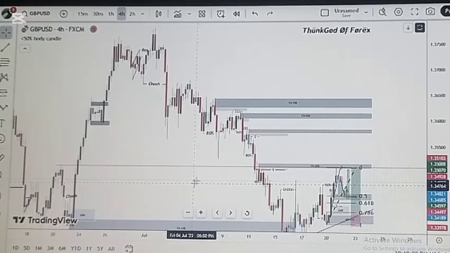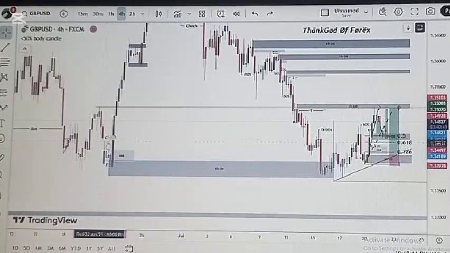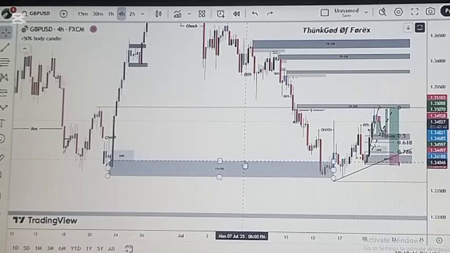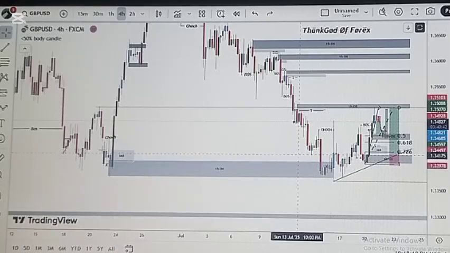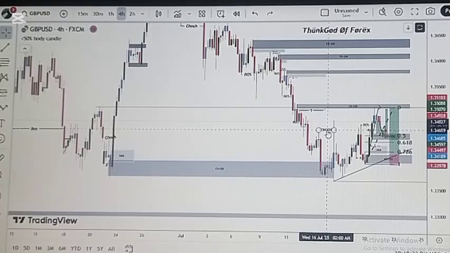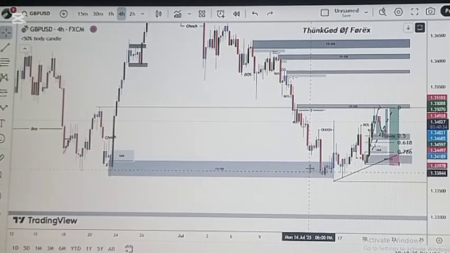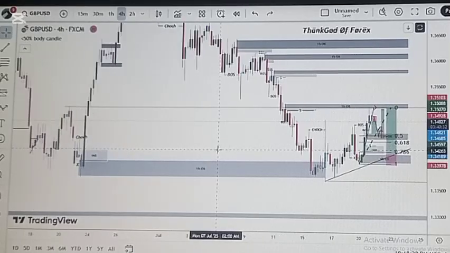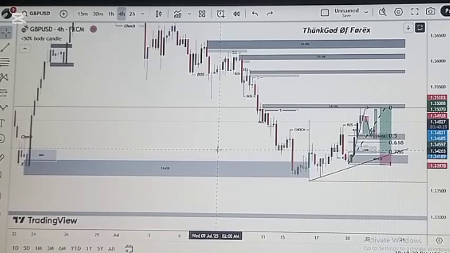So we are having a good setup here. The market has a change of character right from the setup we have here. So from this angle, we start looking for buys.